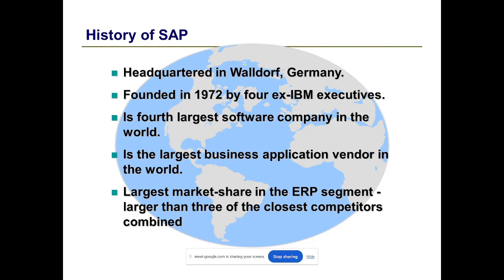Now we have started with the SAP slides. IBM ex-employees, former employees, the executives, started this company, the fourth largest company. They are the business application vendors. In the ERP segment, ERP area, ERP verticals, we are the toppers.